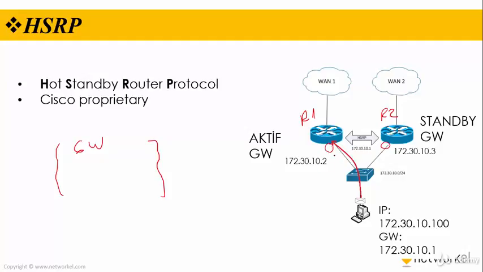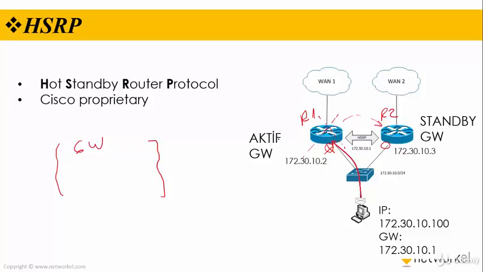If there's a problem in that router's interface, or if that router fails completely, for example, we can have a power unit problem, or we can have a cable problem in the interface connecting between the switch and the router. If this router is the active one, the HSRP protocol will switch the traffic to the standby router. This is actually what HSRP is doing, but there is no load balancing, as I said.